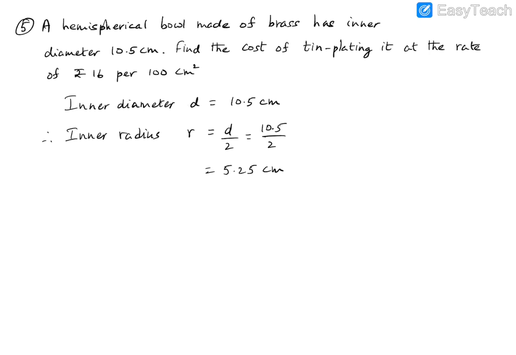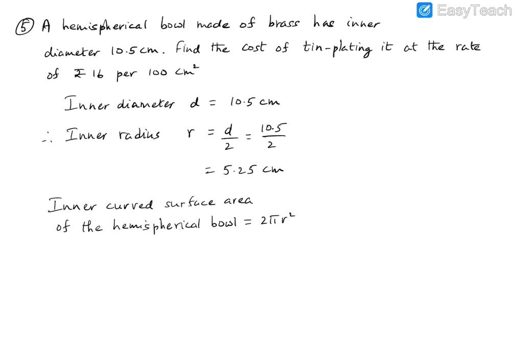Okay, so we now have the inner radius of the hemispherical ball. Now we need to calculate the inner curved surface area for the hemisphere. So the formula for the curved surface area of a hemisphere is 2 pi r square. So we just need to substitute now. So it's 2 into pi, which is 22 by 7, into the radius 5.25 square, so we have to multiply it twice, 5.25 into 5.25.